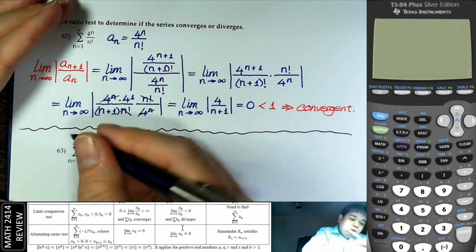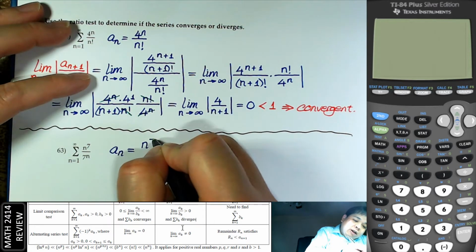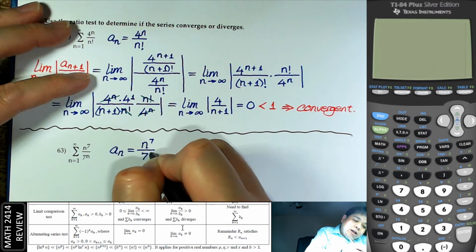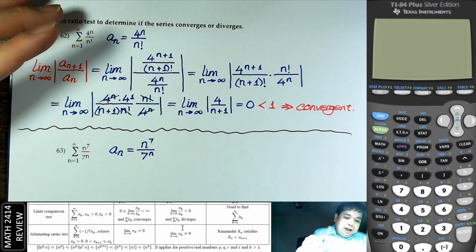Next we have power and exponential. Right, so first we write out what is a sub n, which is n to the 7 over 7 to the n. Right, and then the ratio.